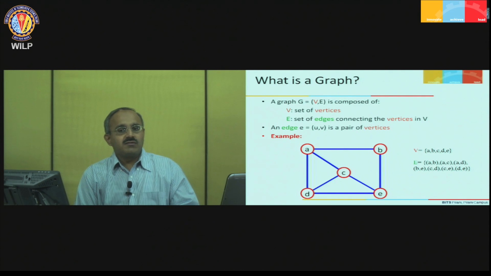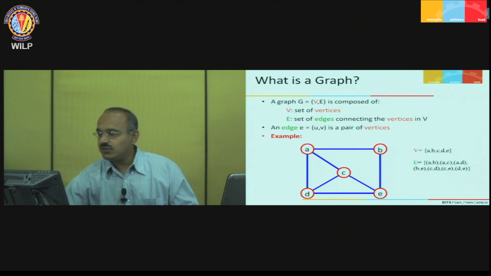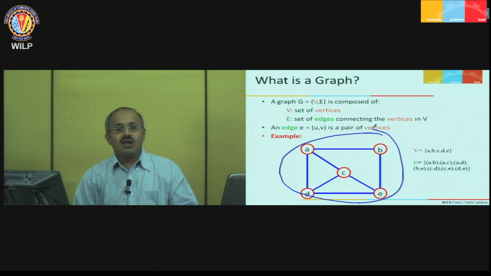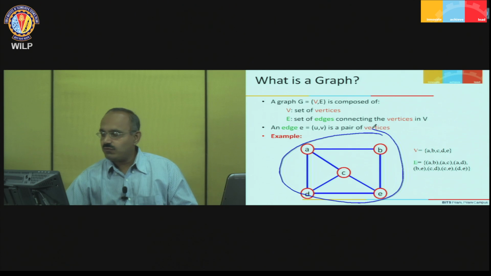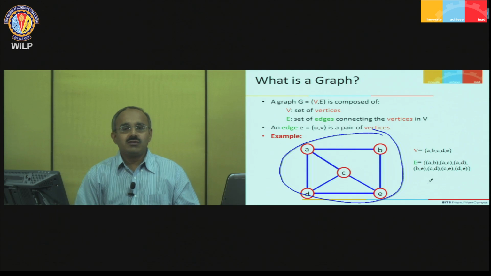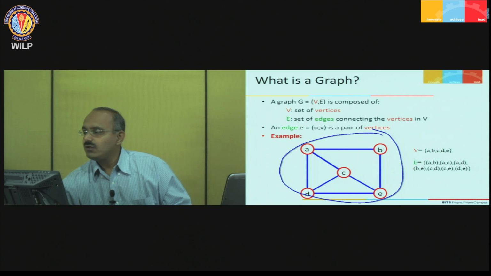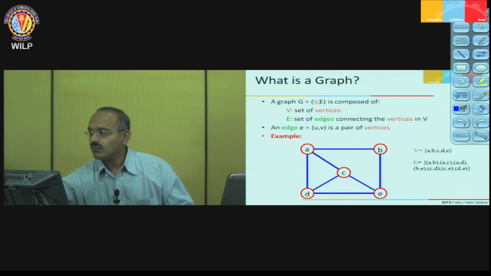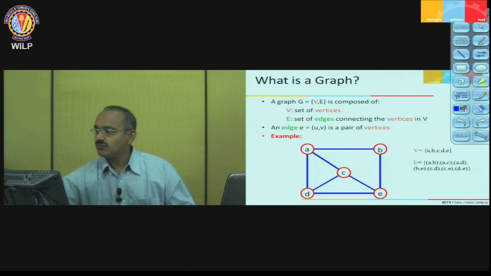So, in practice we will never identify a graph as a set V, E with what is V, what is E. We will just look at a graph as something like this, and then if required, we can write down the set V and set E, right. If you are given a visual representation, you can easily write down what is V and what is E. So, most of the time we are going to use the visual representation of the graph.